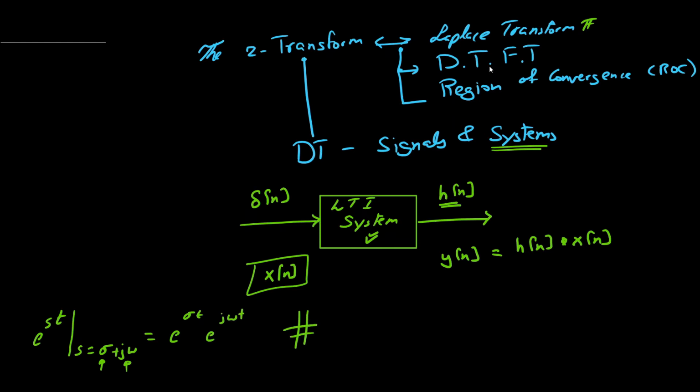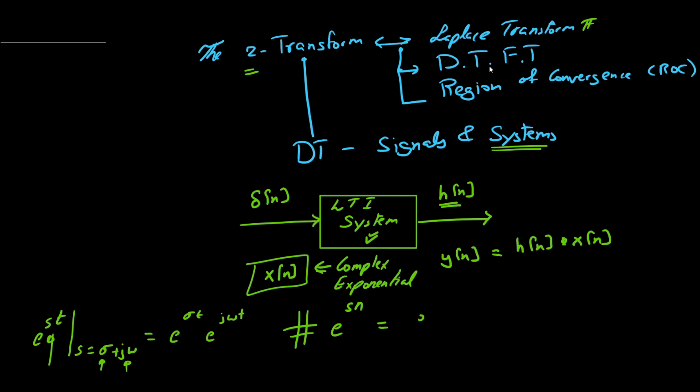Similarly, in the Z transform or in the Z domain, we again consider x of n to be a complex exponential. So from the continuous time, we move to discrete time and say we again set e to the power sn. We can break this into again the real part and the complex part.